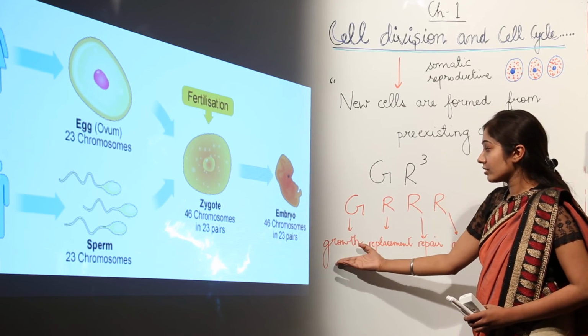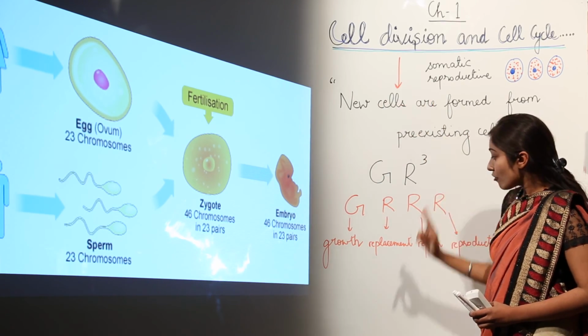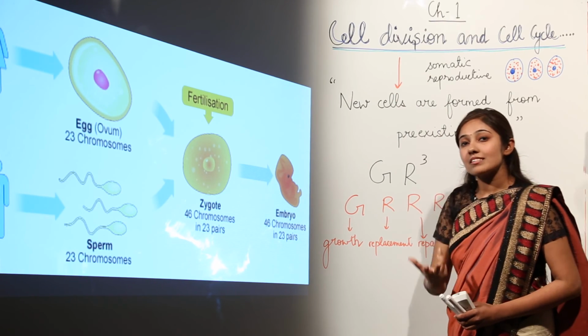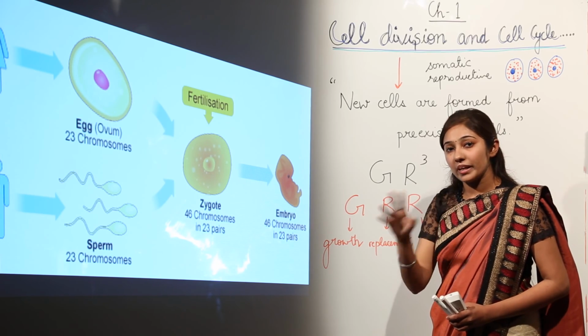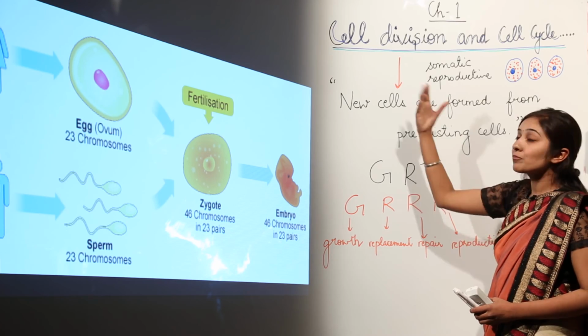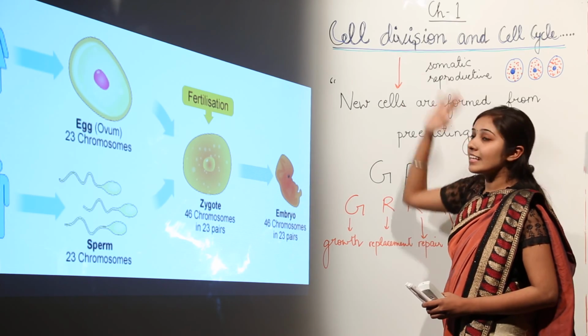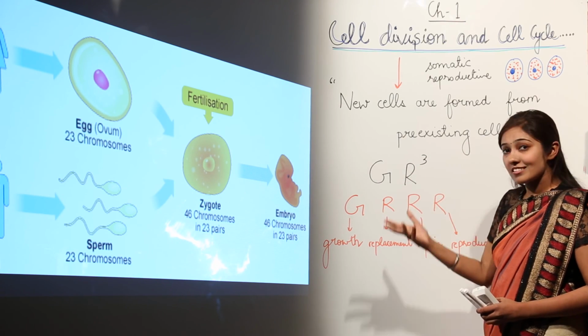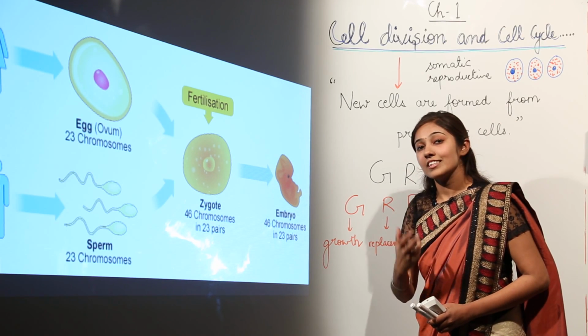So for growth we need cell division. For replacement and repair we need cell division, so that the damaged cells and the dead cells can be replaced and repaired. Then for reproduction also, which process is used in a body? That is cell division. So remember GR cube, that is the answer to your question, why do cells need to divide?